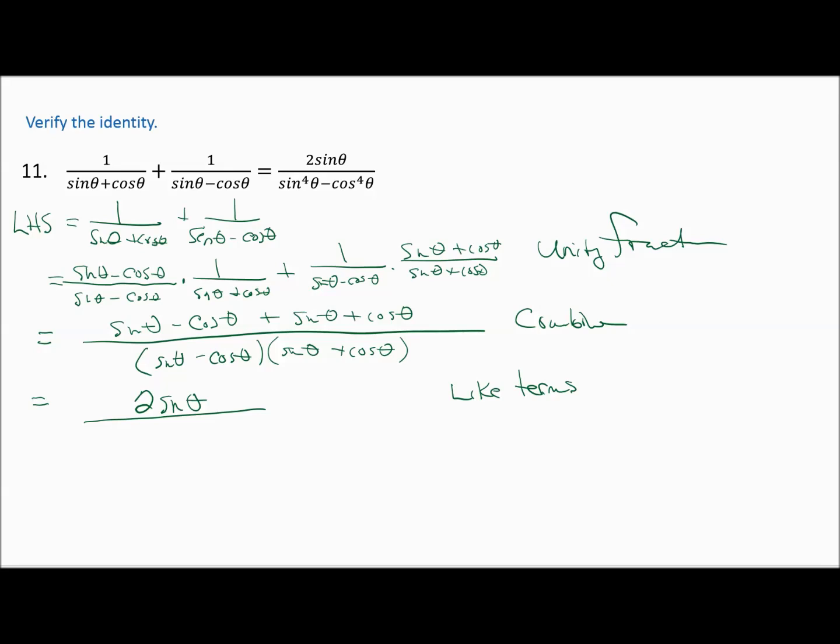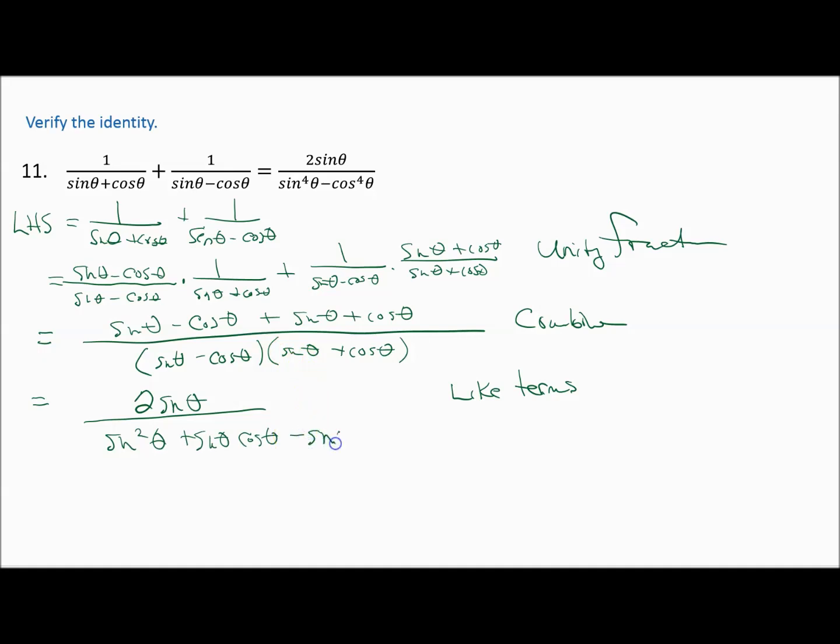So, when I'm looking at it, it makes you nervous a little bit, because when I do sine of theta times sine of theta, it's not going to give me sine to the 4th. But I do know that no matter what, this has to be expanded. So I'm going to do sine of theta times sine of theta is sine squared of theta. And then sine of theta times cosine of theta plus sine of theta cosine of theta. Cosine of theta times sine of theta is minus.